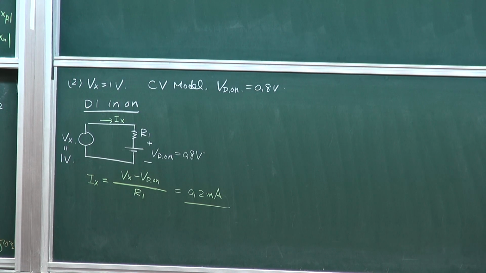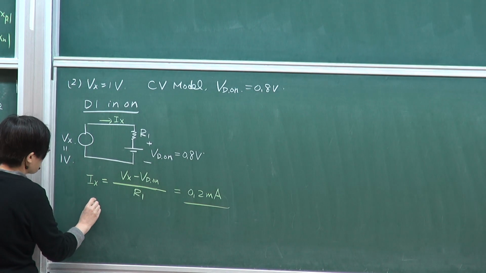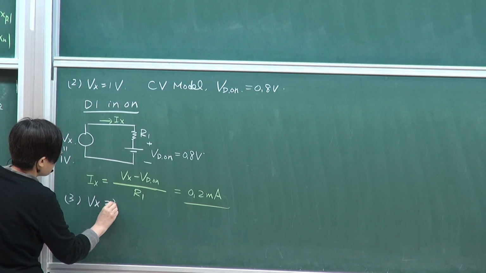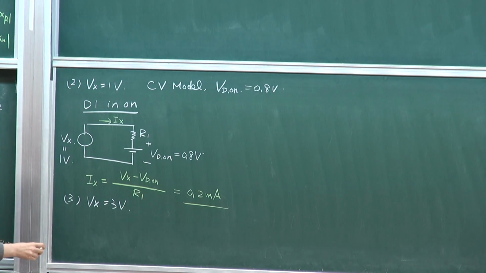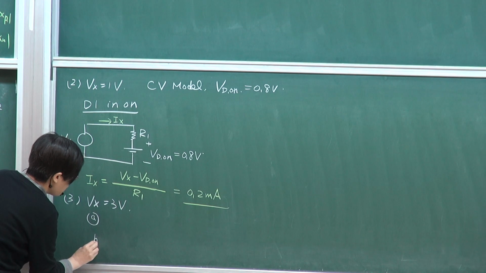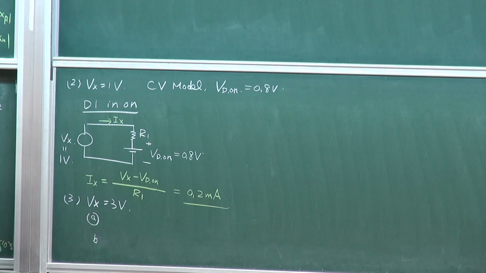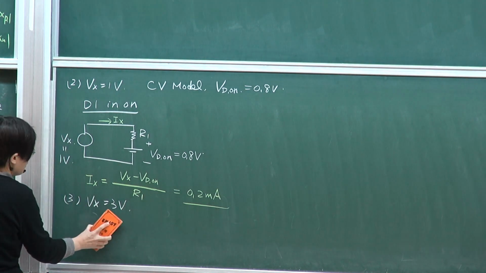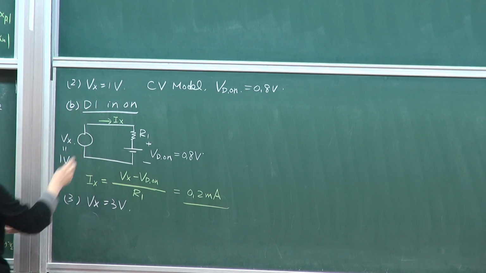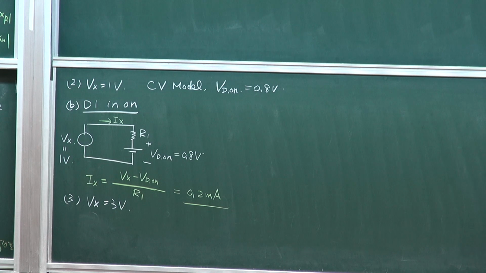We're going to actually do this very quickly with Vx. If I'm changing part 3, Vx to 3 volts. What happens is that you can still use A or B. Let me do the B first. Let's do the B part. B meaning that it's, so this is part B, where we're using the constant voltage model.